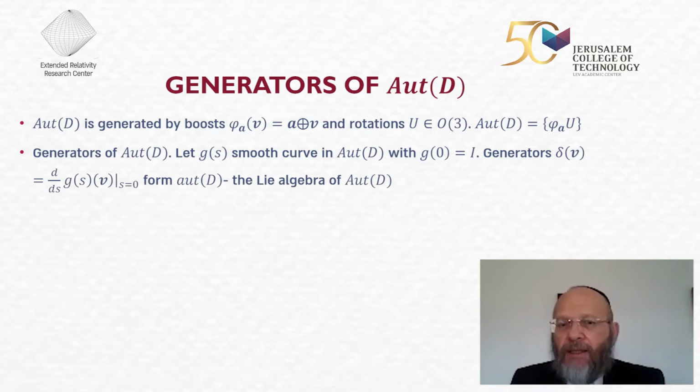The generators. To define a generator, you have to take a smooth curve in the automorphism group, that means a collection of automorphisms, starting at S equals 0 with the identity.